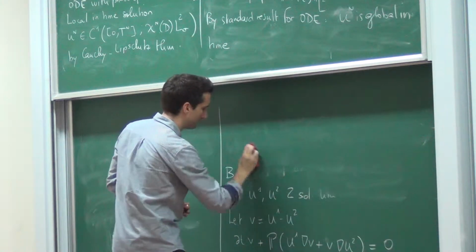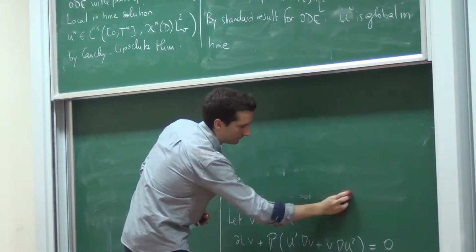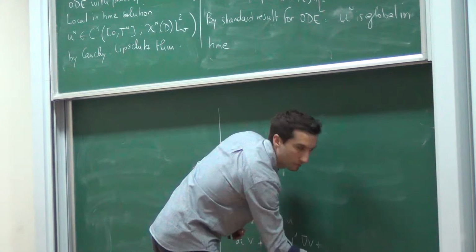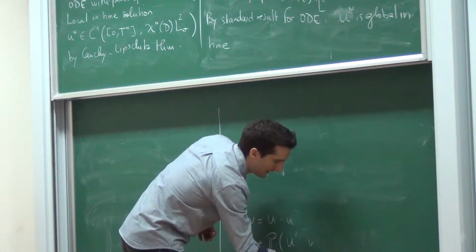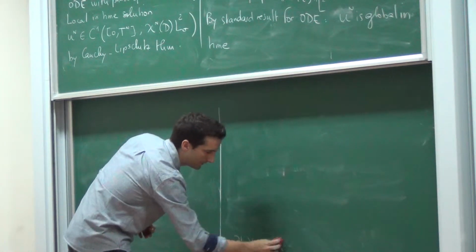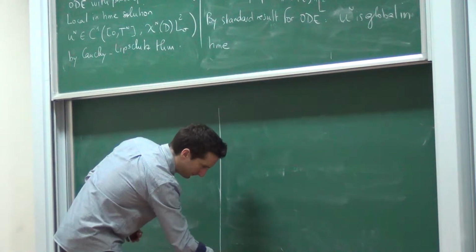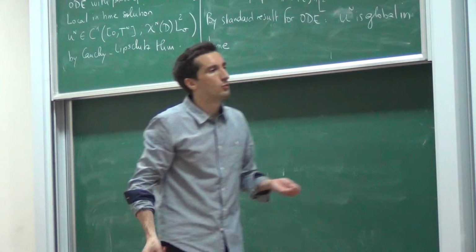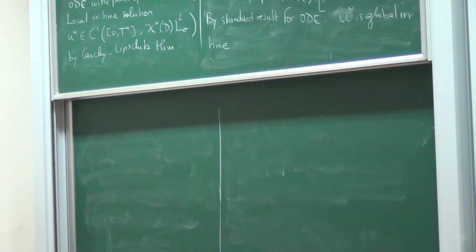So this concludes my first step, my regularization. I have this approximate problem, and I have a nice solution, U capital N. But of course, what I want in the end is to solve Euler. So I want to get rid of this truncation.